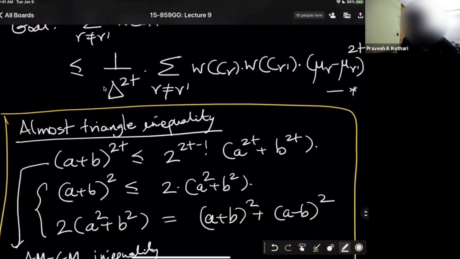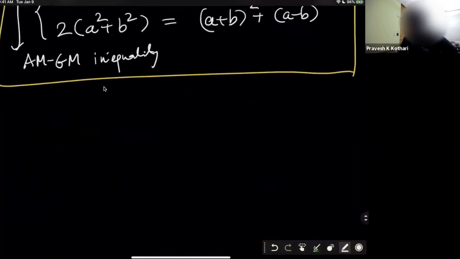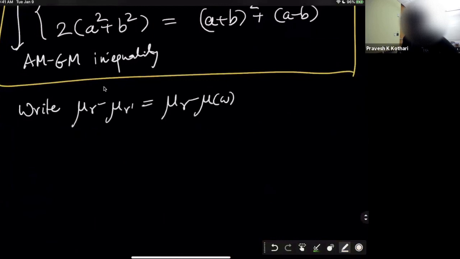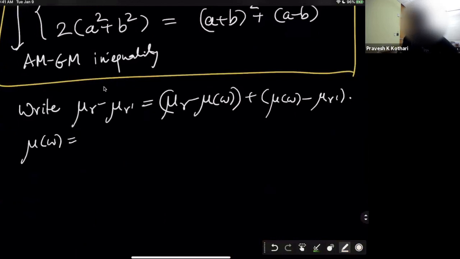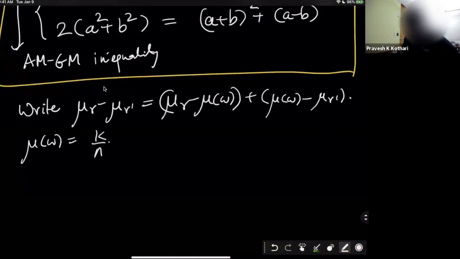Good. So let's use the almost triangle inequality for this line, the star line here. What I'm going to do is write mu r minus mu r prime as mu r minus mu of w plus mu of w minus mu r prime. Mu of w is the notation for the mean of the points indicated by w.